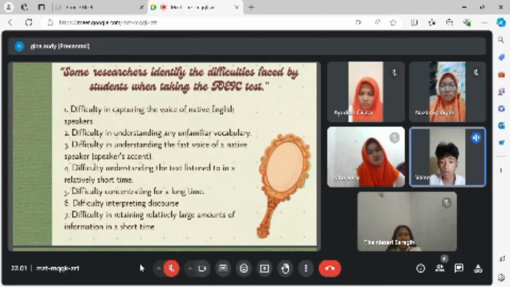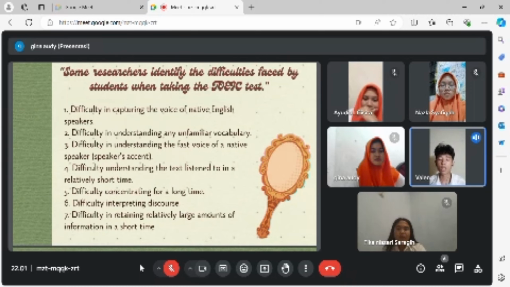The last one, number 7, is a difficulty in retaining a relatively large amount of information in a short time. This means struggling to remember or recall a significant amount of information that has been presented, trying to hold on to too many details at once, and some of it slips away.